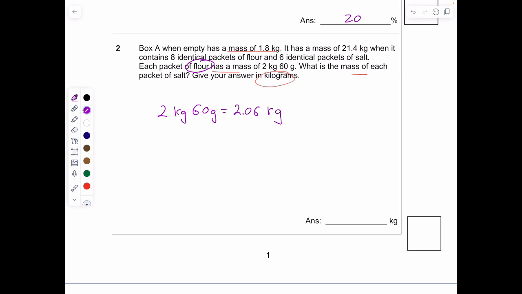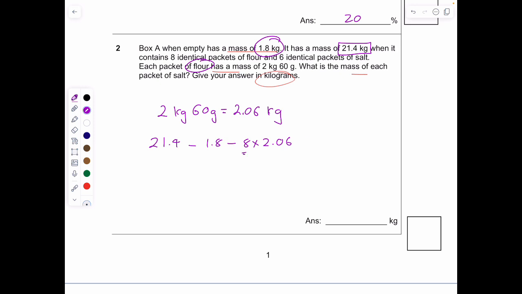So to find out the mass of each packet of salt, all I have to do now is take 21.4, which is what the box weighs with everything in it. Subtract away 1.8, the mass of the box. Subtract away 8 times 2.06.